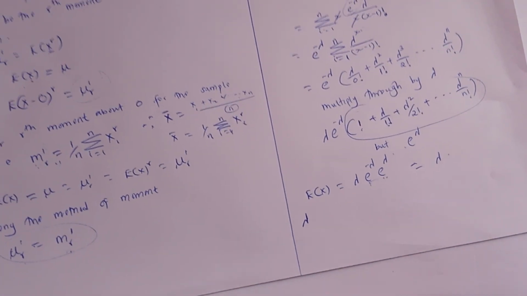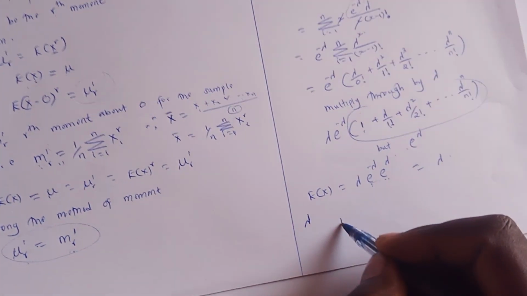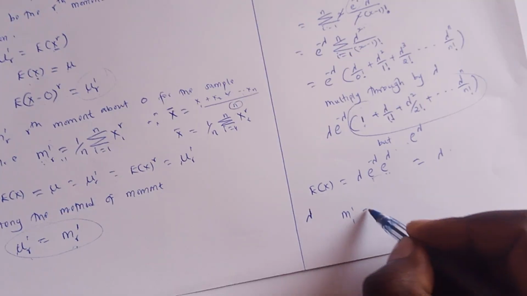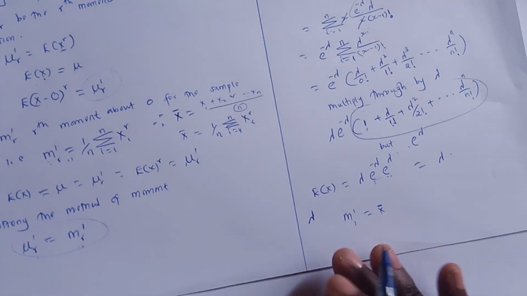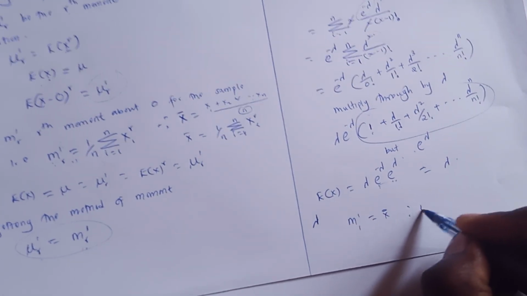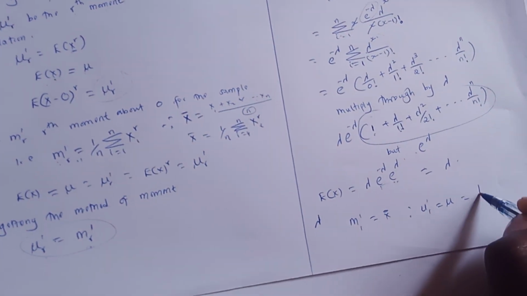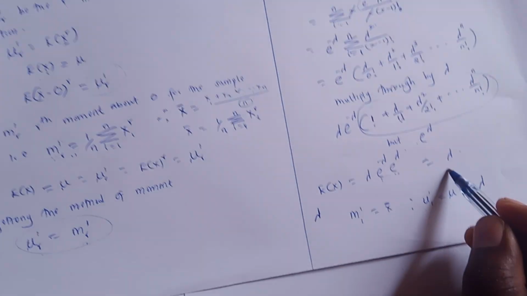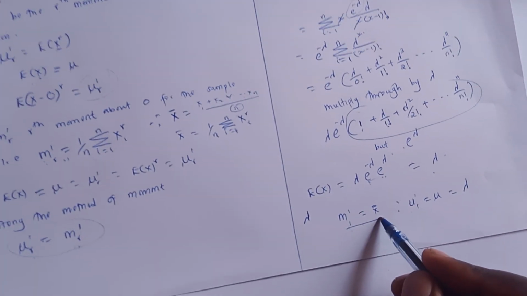So there is no need for us to go further and simplify many things, but we shall rather say the second moment is the same as x bar. So this implies that mu prime, the second moment, is the same as mu, which is the same as lambda. That is for the sake of the mean. Then our second moment, we have said, is the same as x bar.